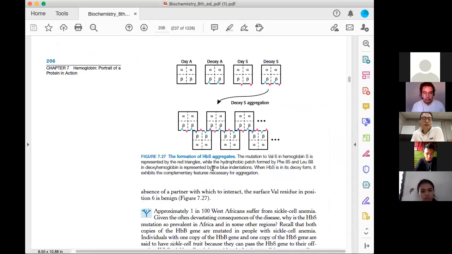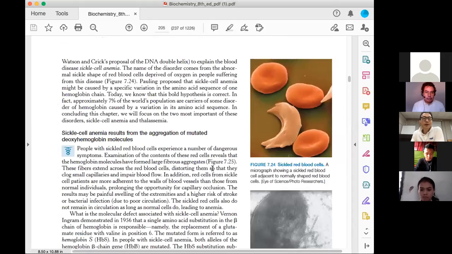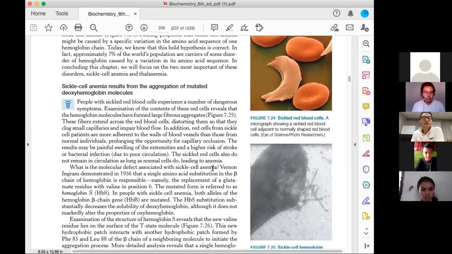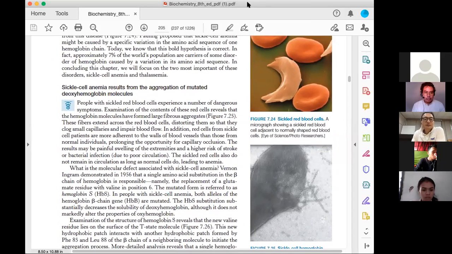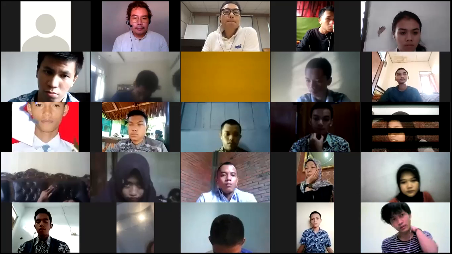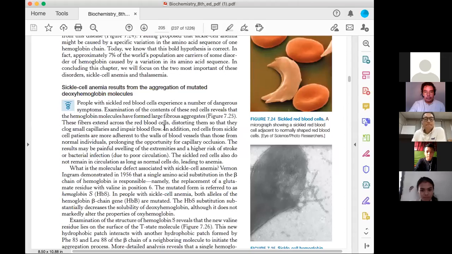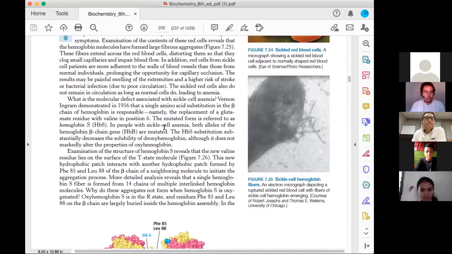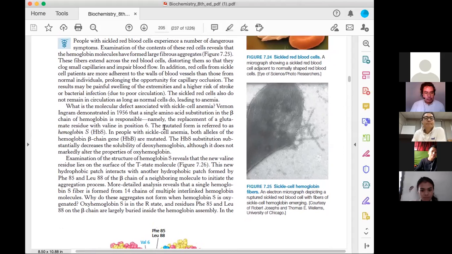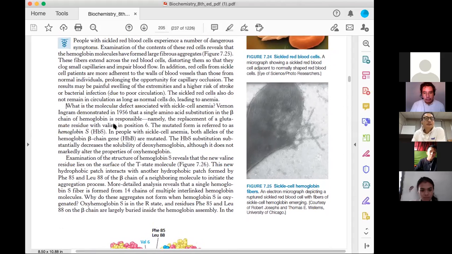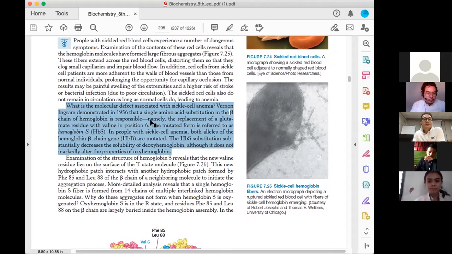Let me show you where the mutation is. Just a second. Okay, can you see the highlight here? If you look at this, that is called the sickle cell.